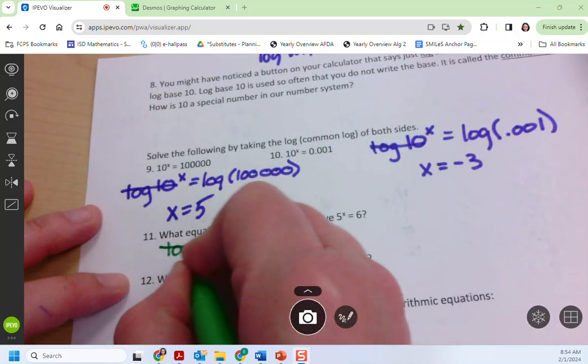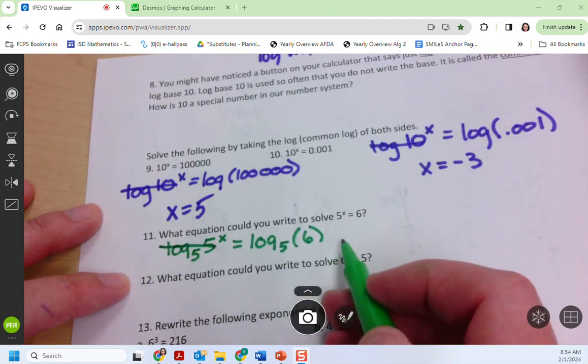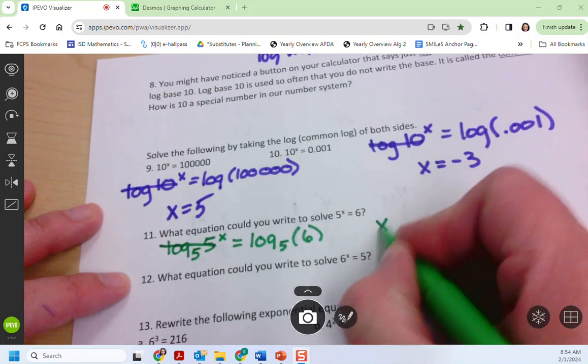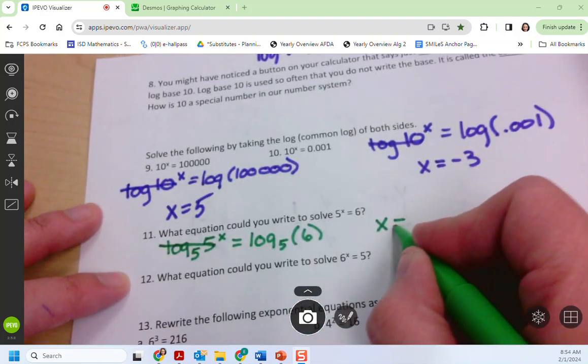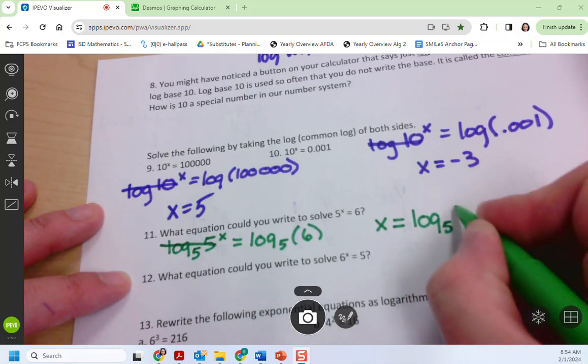These are going to cancel. So the x is by itself. This is what I would put in Desmos, but it's not asking for the answer. It just wants the equation. So my final answer, I'm simplifying the left side to x, and on the right side I'm just writing log base 5, 6.